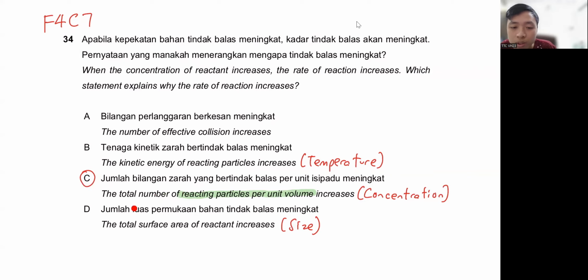The total number of reacting particles, let's say zinc atoms and hydrogen ions, normally this one is not zinc, it is hydrogen ions. So the total number of hydrogen ions per unit volume increases. Always per unit volume. If it talks about kinetic energy, that is the temperature factor, not concentration. D, total surface area, talks about size. A is too general and can be any factor.